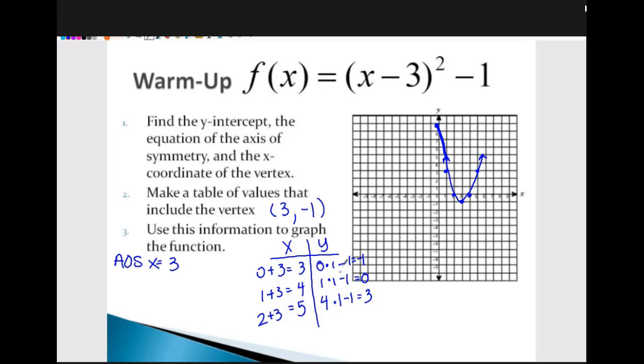So once again, you would have seen that if we continued our table of values, it would have been 9 times 1, which was 9 minus 1, which also got you the y-intercept of 8. So 0, 8 also exists on this graph. Okay? Questions at all on the warm-up?